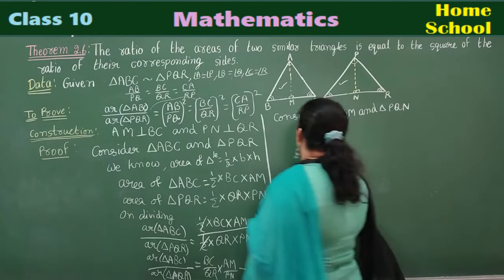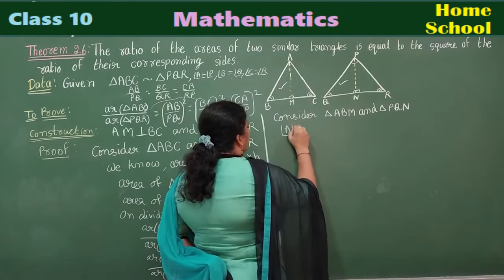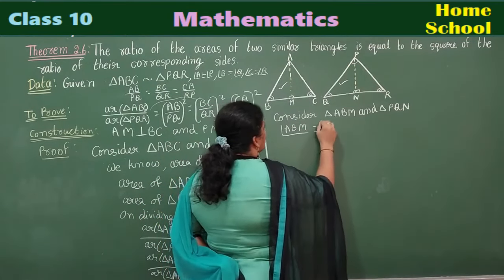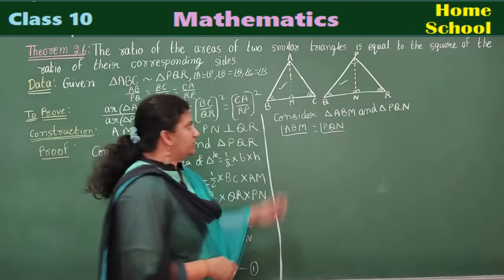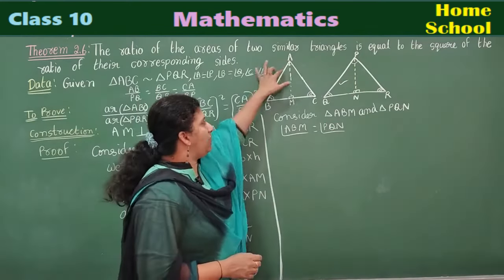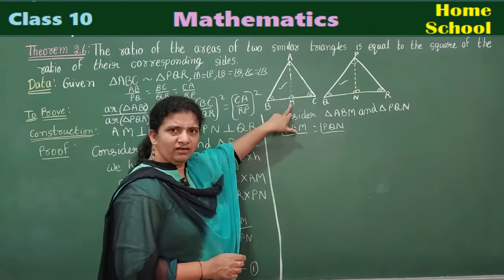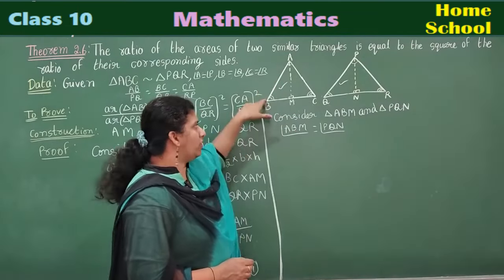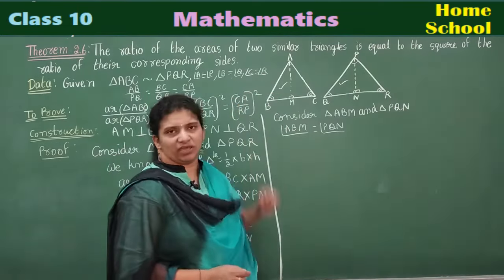So from this, what can I say here? Angle ABM is equal to angle PQN. Children, observe here, ABM I am saying. Does this angle end here? No. If you want, you can write angle ABC is also equal to angle ABM.